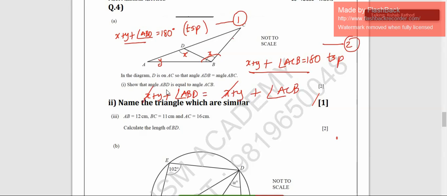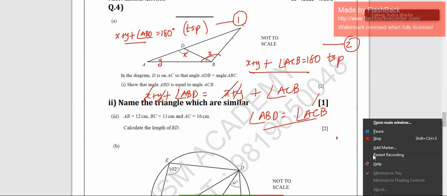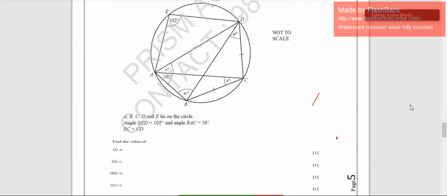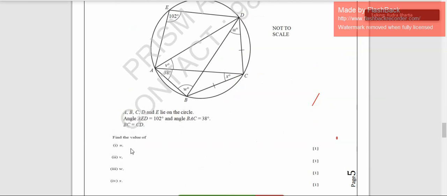X cancel, Y cancel, so I get angle ABD equal to angle ACB. Note this down. I think this question will take a lot of time.